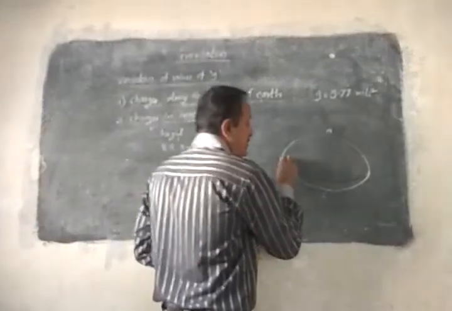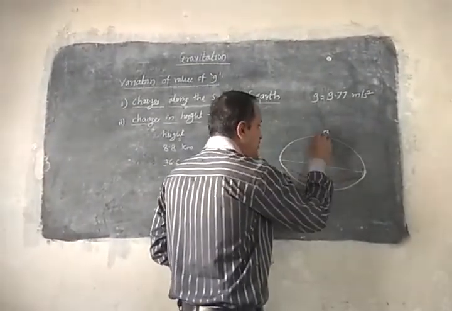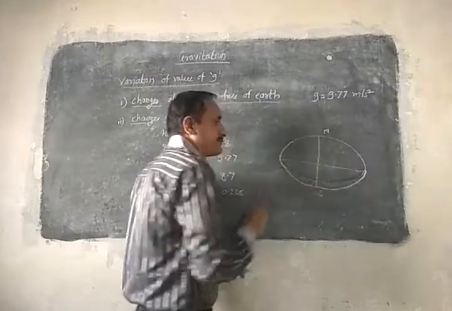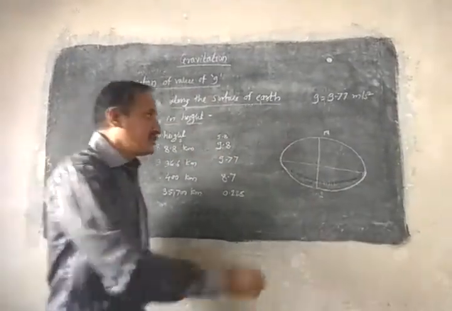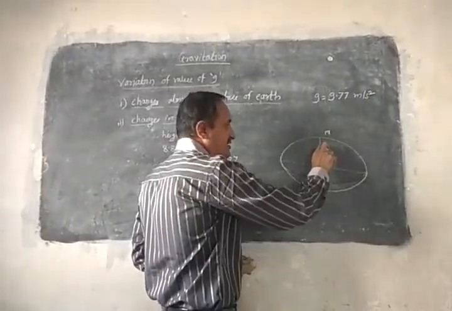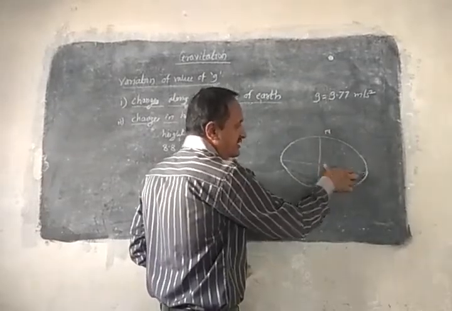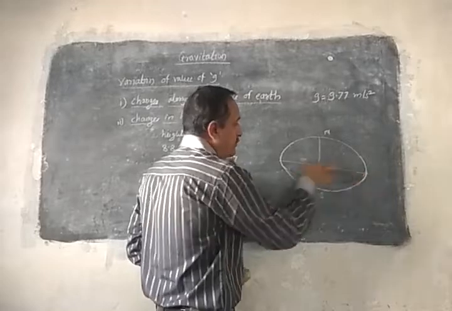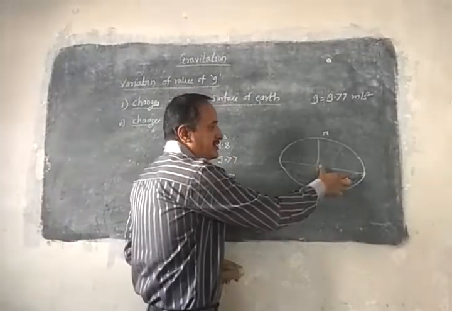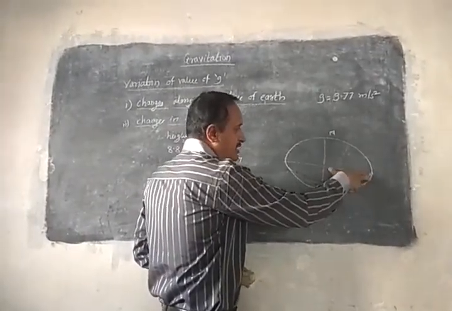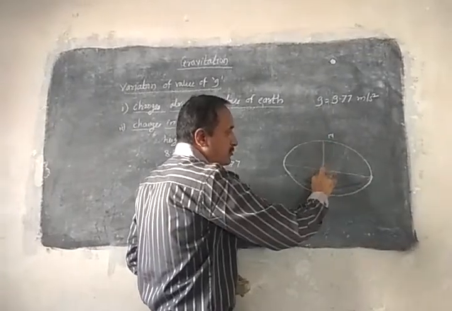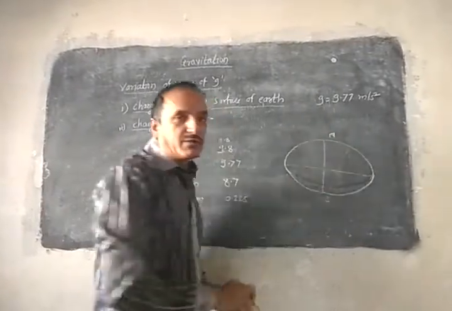Now if we see the radius, the radius from the center to the poles is smaller than the radius from the equator. If you compare the radius at the ends of the equator and the radius at the poles, the radius of the poles is smaller.